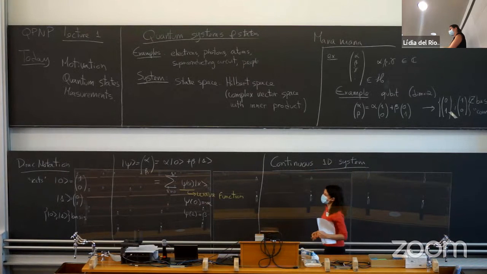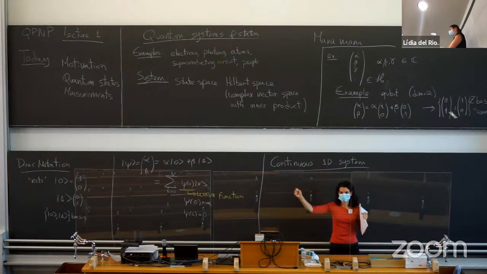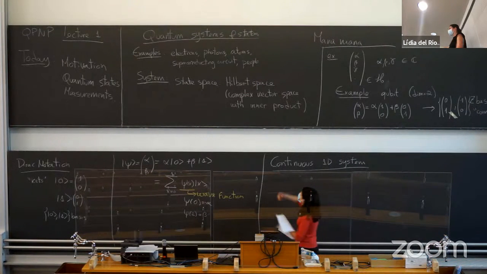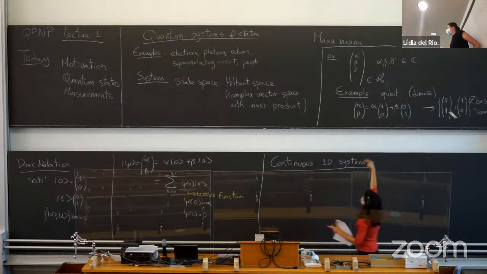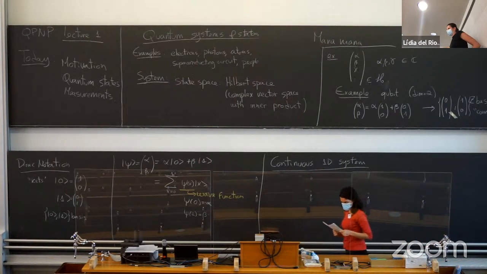And this can be, for example, imagine you have some particle on a line and you want to know its position, and the position forms a basis for the space. So it's a space that is so large, it becomes continuous. It's an open debate whether continuous spaces really exist in reality or are just an approximation.